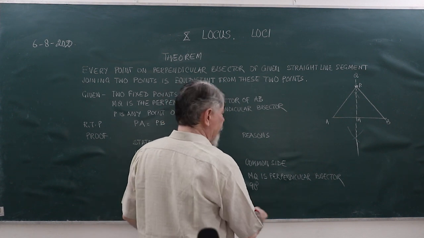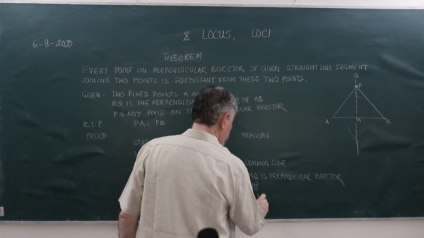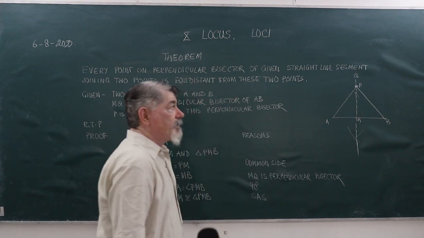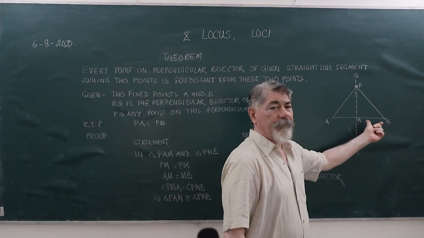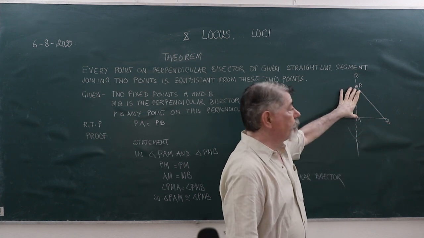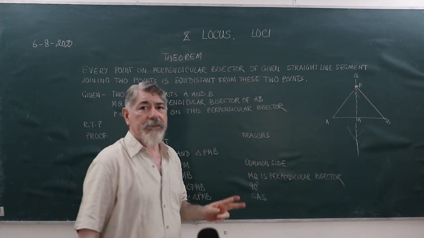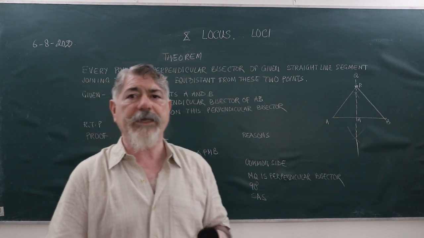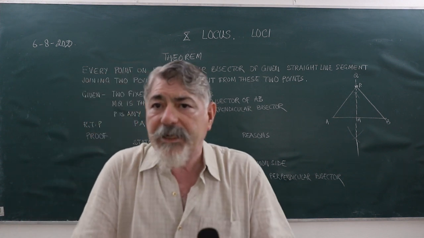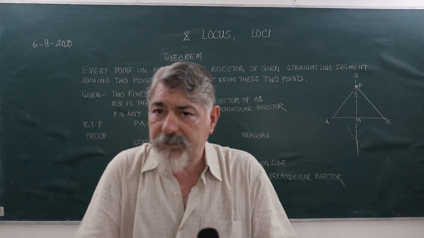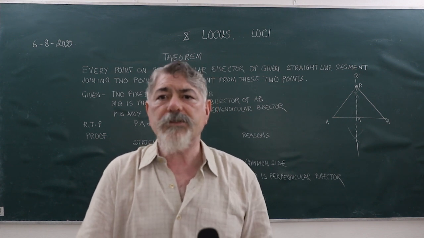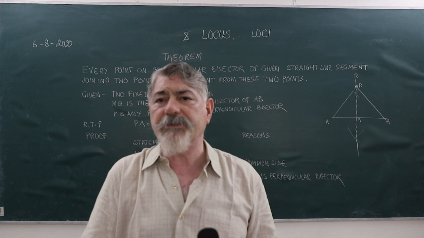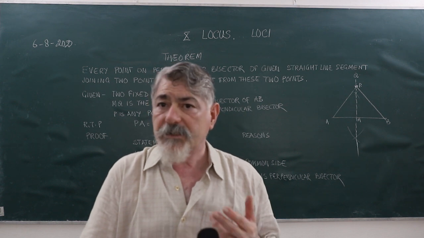This will actually be SAS, two sides and one angle. AM is equal to MB and PM is common, so two sides and the included angle of one triangle are equal to two sides and the included angle of the other triangle. So the triangles are congruent, and if the triangles are congruent, they are equal to each other in each and every respect.